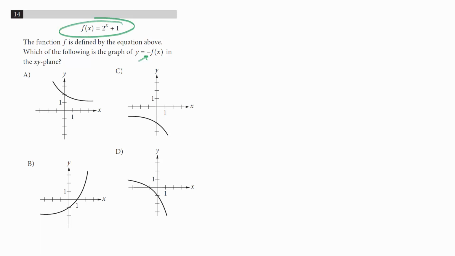This is an exponential, which means the base function has an asymptote at 0, and then it will cross the y-axis at 0, 1. That's just what the 2 to the x part looks like.